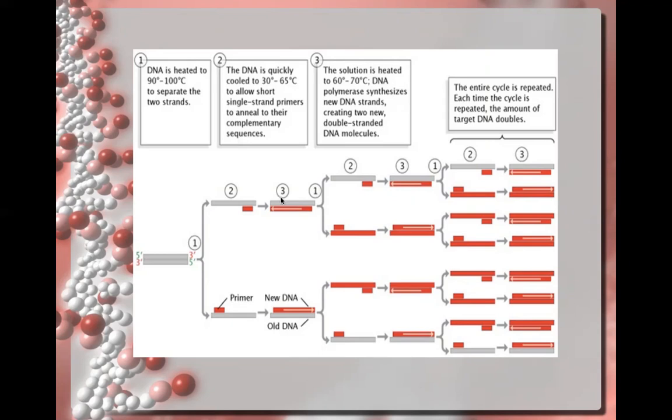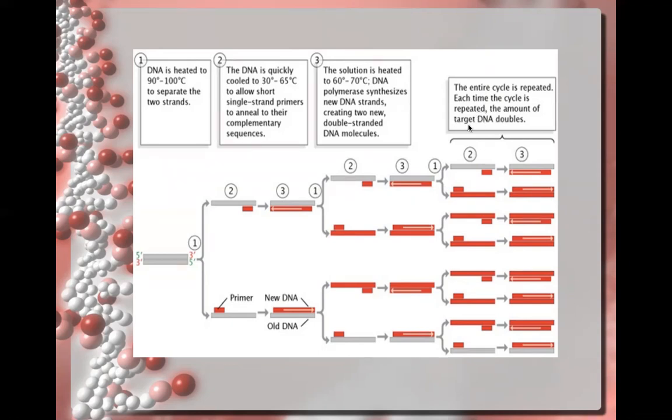Third step is the solution is heated again to 60 to 70, higher than step 2. So DNA polymerase synthesizes new DNA strands, creating new double-stranded DNA. So magdo-double yan. And then again, the entire cycle is repeated again.